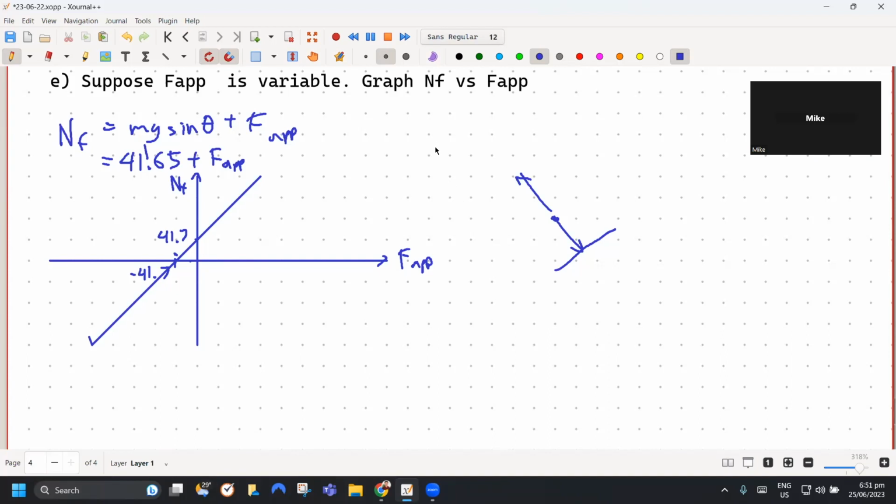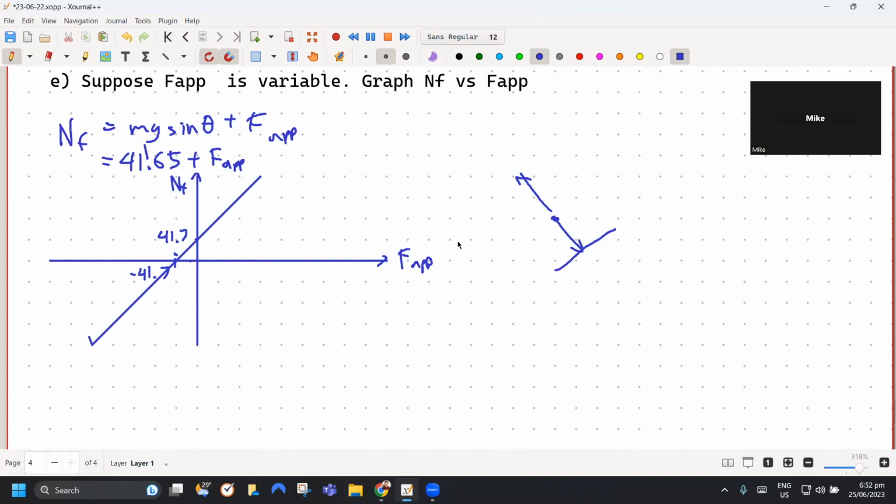Okay, ngayon, given that the floor cannot pull, but the floor can push, how does that change your graph? So anong mangyayari kapag ang F applied ay less than negative 41.7? Di ba?